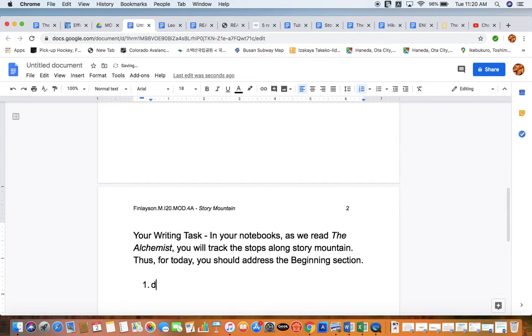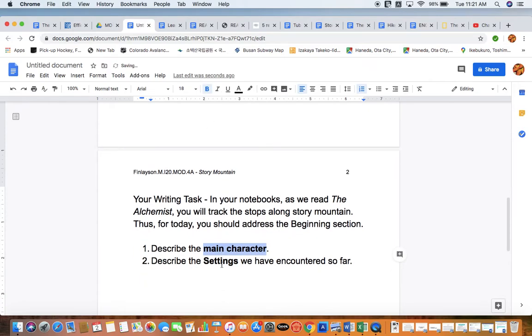Say 1. Describe the main character. Describe the settings we have encountered so far. And setting is one of the things that shifts quite often within the story. So you'll have to track that, and you can almost make a map that shows the locations where the story is going.